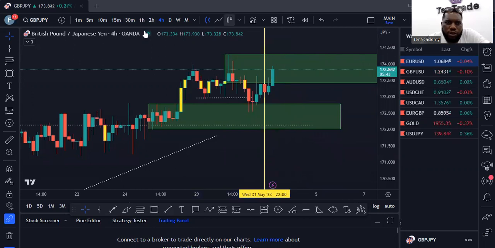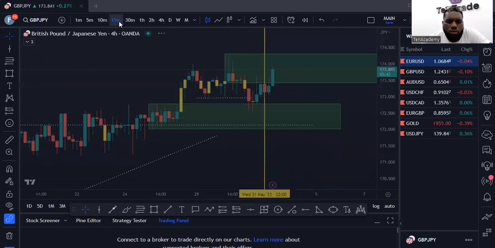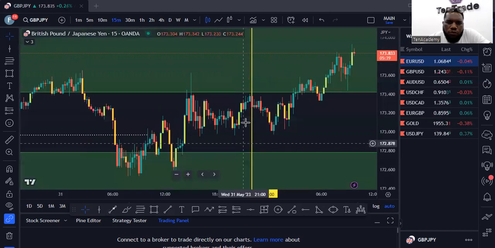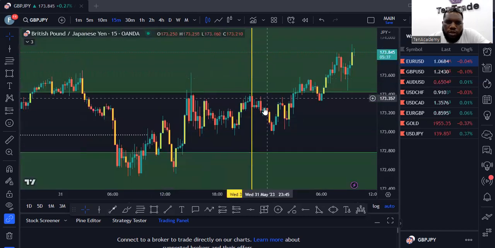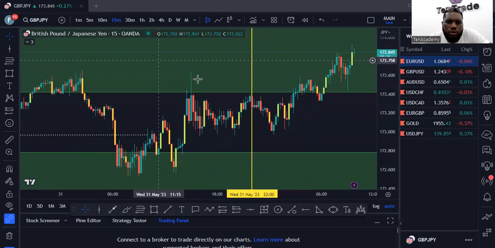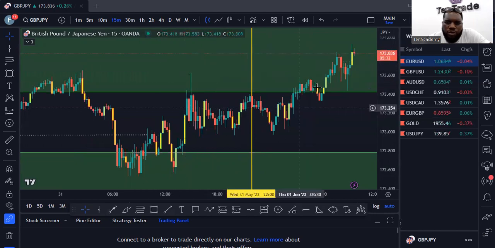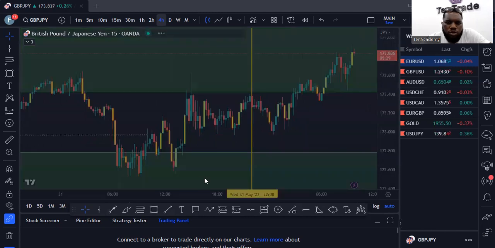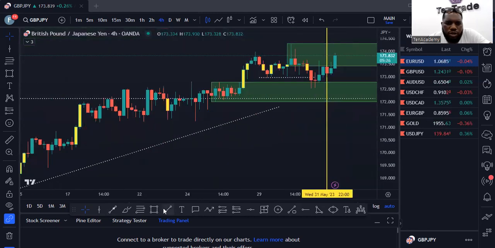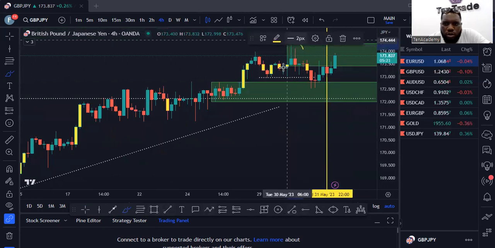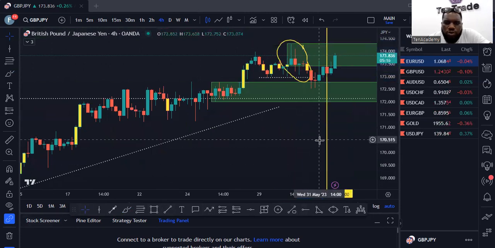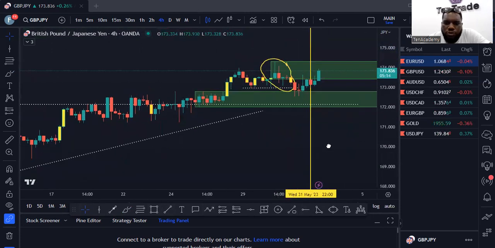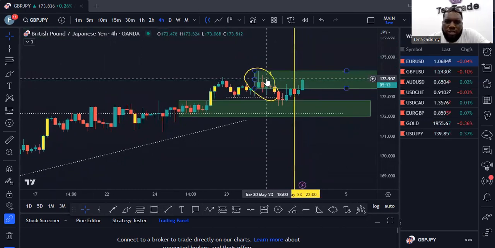So let me go to 15 minutes time frame. So 15 minutes, good. So we've seen inducement here, patterns like so, price giving a high high. So the next thing I'll now do is to look at this particular impulse leg here at the top. So in that place on 15 minutes, I'm going to look for unmitigated zones.